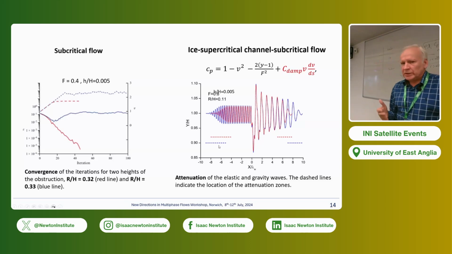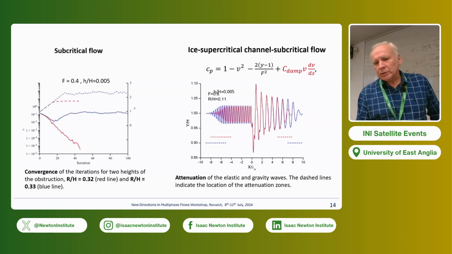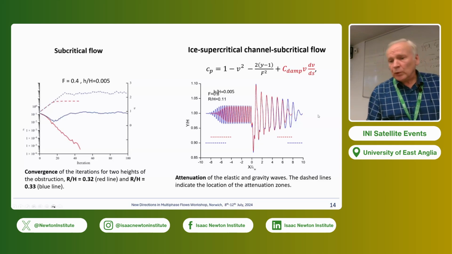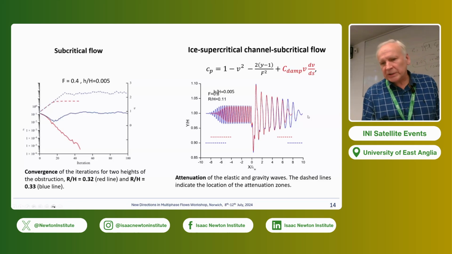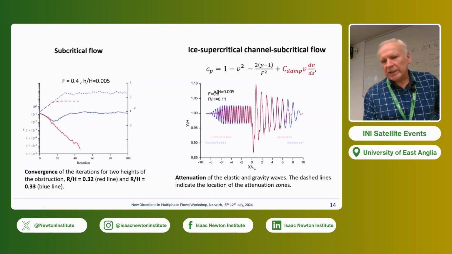In the calculation, as shown in the formulation of the problem, we need to have uniform flow at infinity in both upstream and downstream. So we need to suppress this oscillation.